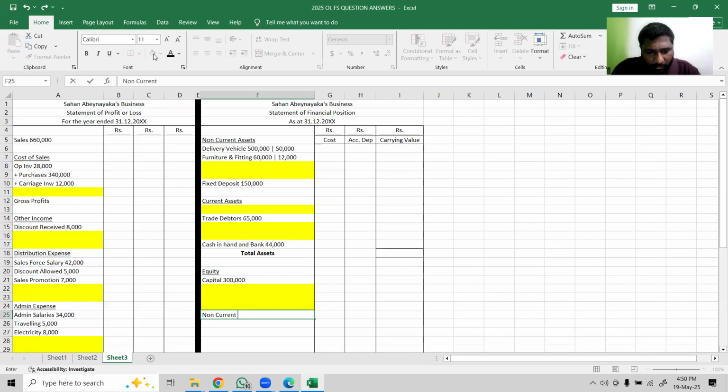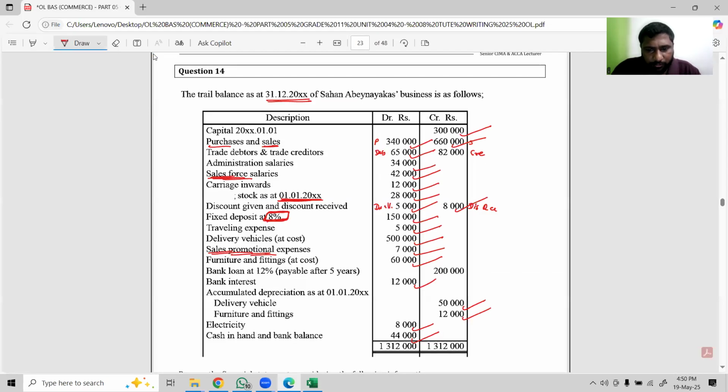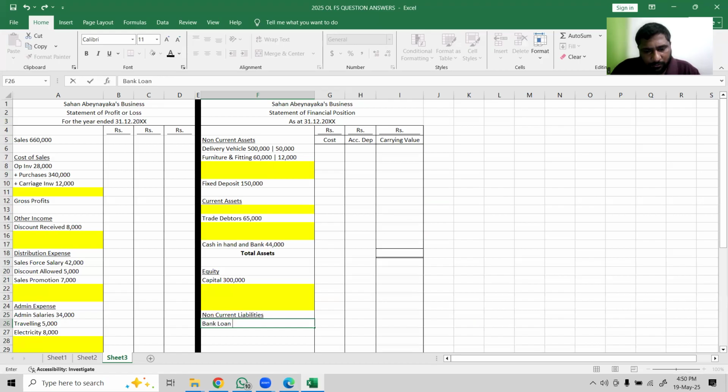Non-current liabilities. Bank loan 200,000. Highlight and keep this 12% as a hidden adjustment. Hidden adjustments can be there for these things.